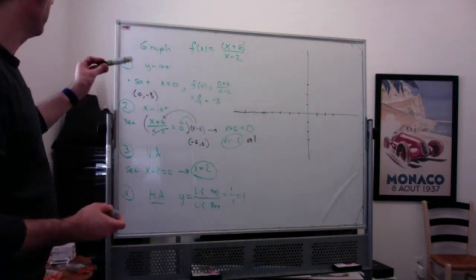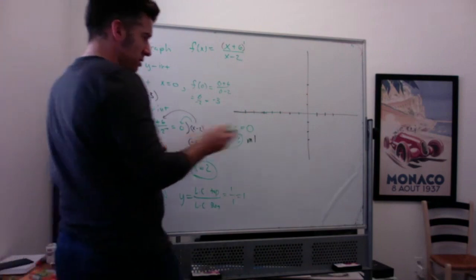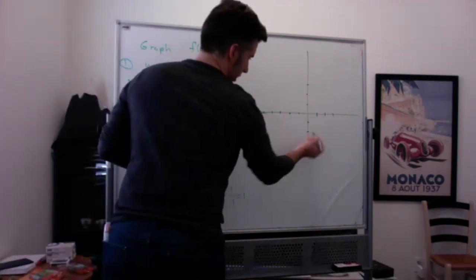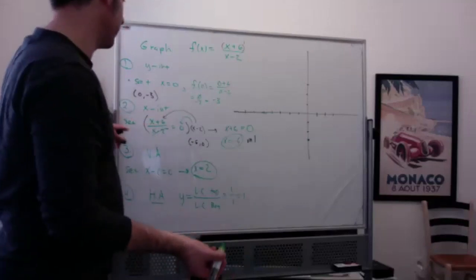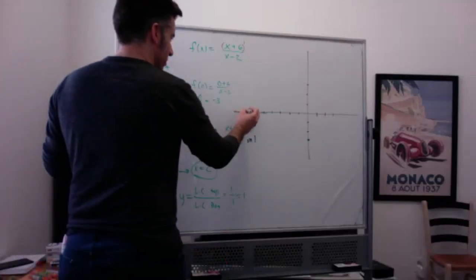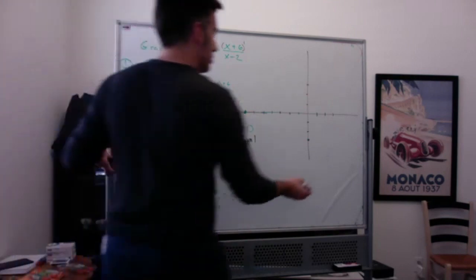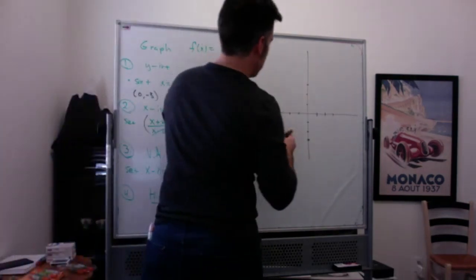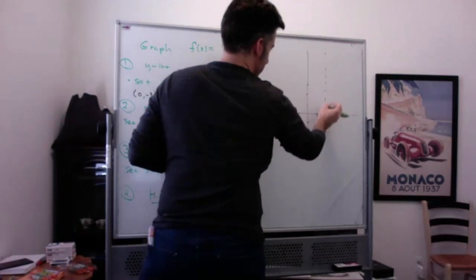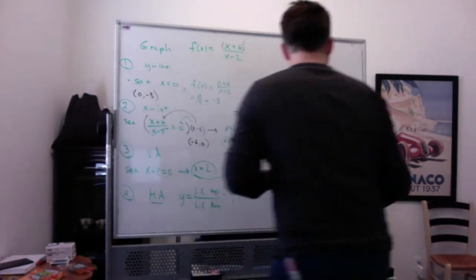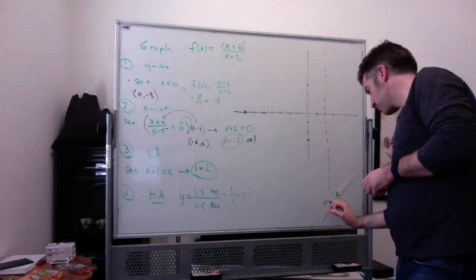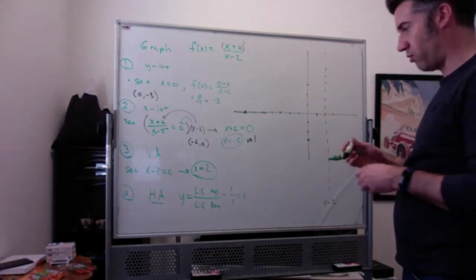I have a y-intercept of negative 3, right there. An x-intercept of negative 6. I have a vertical asymptote of positive 2. Draw that in black. And that's x equal to 2. And I have a horizontal asymptote of y equal to 1.